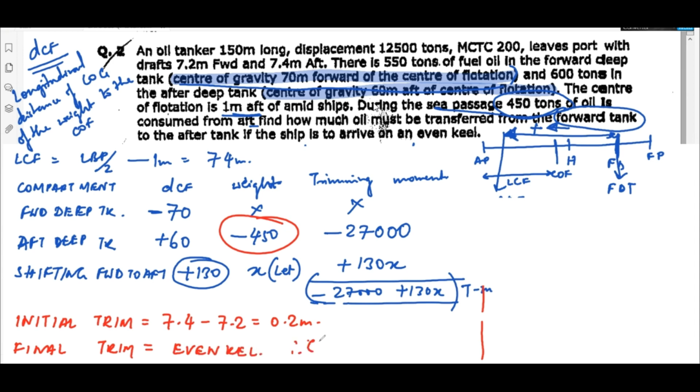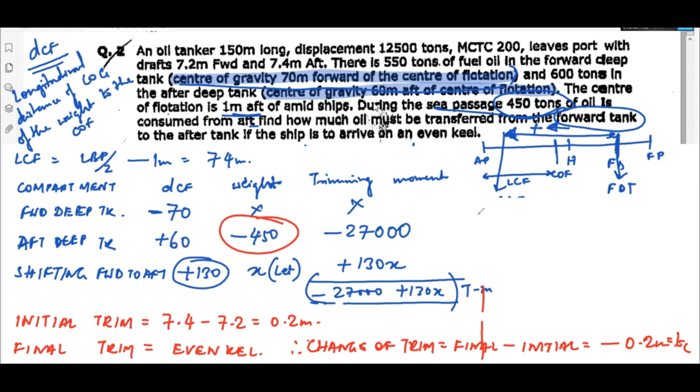Therefore, what is the change of trim? 0.2. When we say change of trim, it must always be final minus initial. So it is minus 0.2 meters. And this is equal to change of trim.